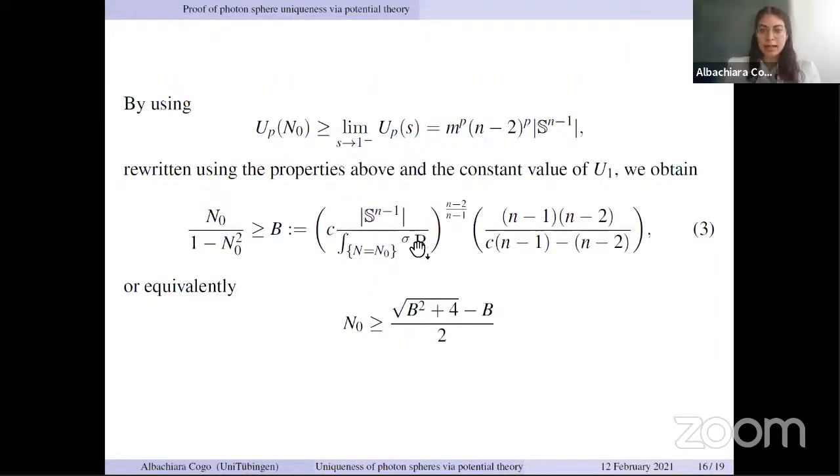But we have to work first of all in dimension 3, because in higher dimension we have no analogue of the Gauss-Bonnet theorem, and also we have to impose that this level set, the equipotential photon surface, has only one connected component.